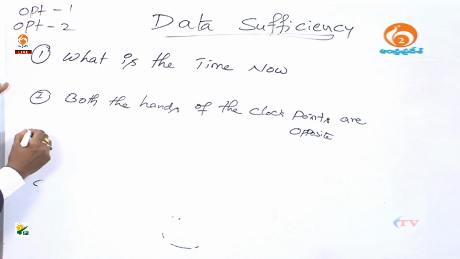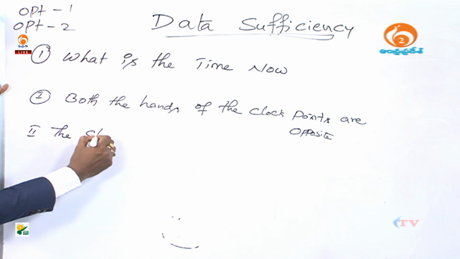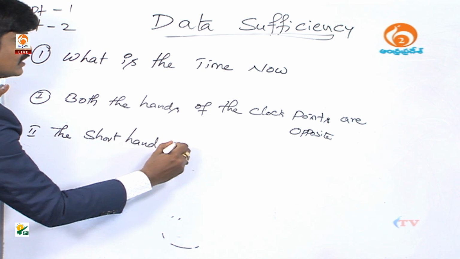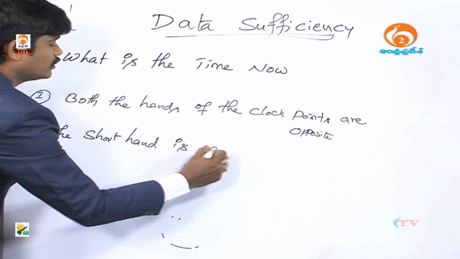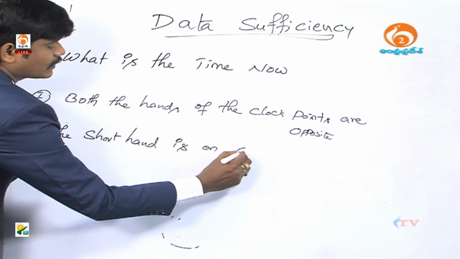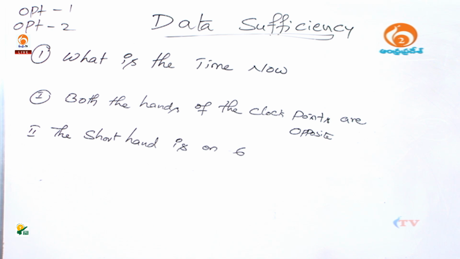And second conclusion: the short hand is on 6. Now what is the time? By using these two conclusions, you can conclude the answer.